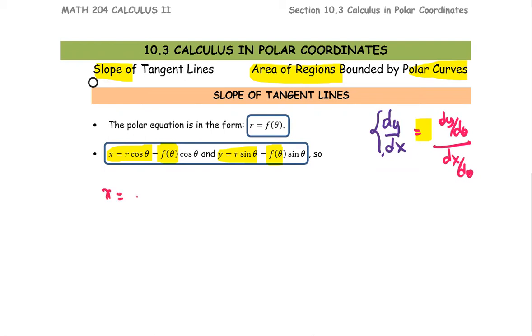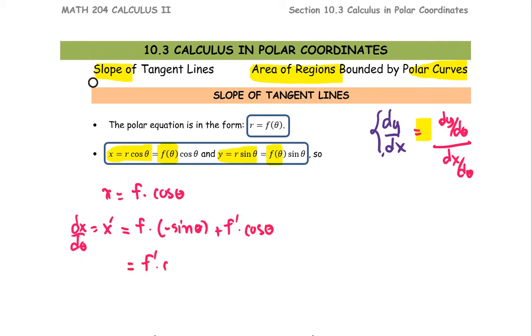Since x is in the form of the function f multiplied by cosine theta, we find x prime, which is dx by d theta, using the product rule to get f multiplied by negative sine theta plus f prime multiplied by cosine theta, or we write it in a better form as f prime multiplied by cosine theta minus f times sine of theta.